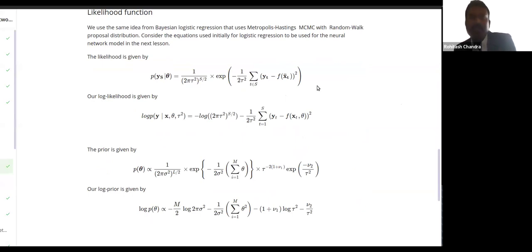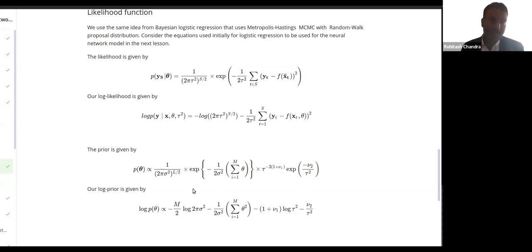So what we have here is the likelihood function, which is exactly the same as the previous one, except the only minor change is the number of parameters in the likelihood function. That theta is basically the weights and biases from the input to the hidden and hidden to the output layer, whereas that would be quite less in the case of a linear regression model. And the prior is exactly the same as the linear model. We are using the same signal plus noise model.